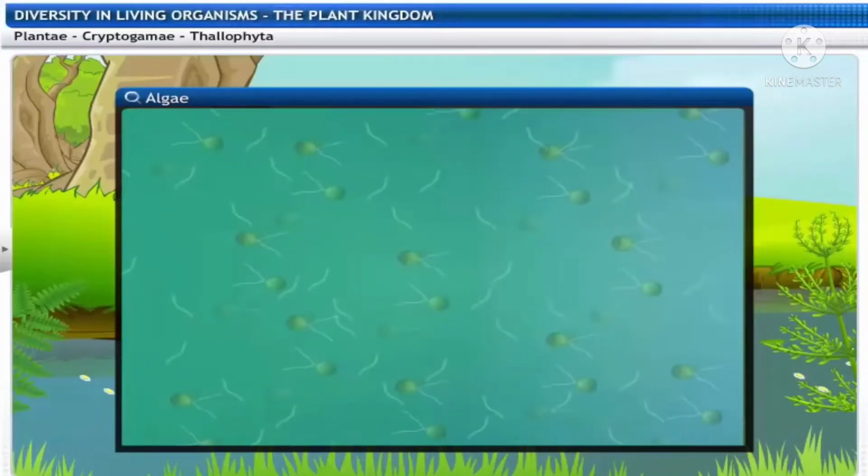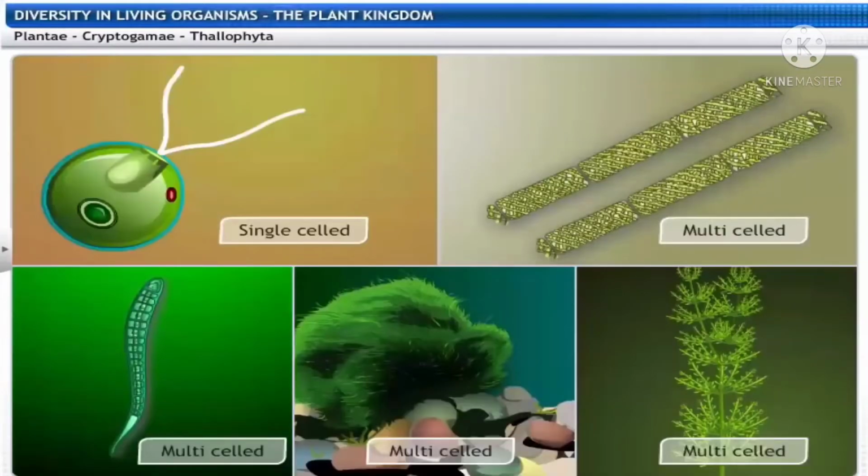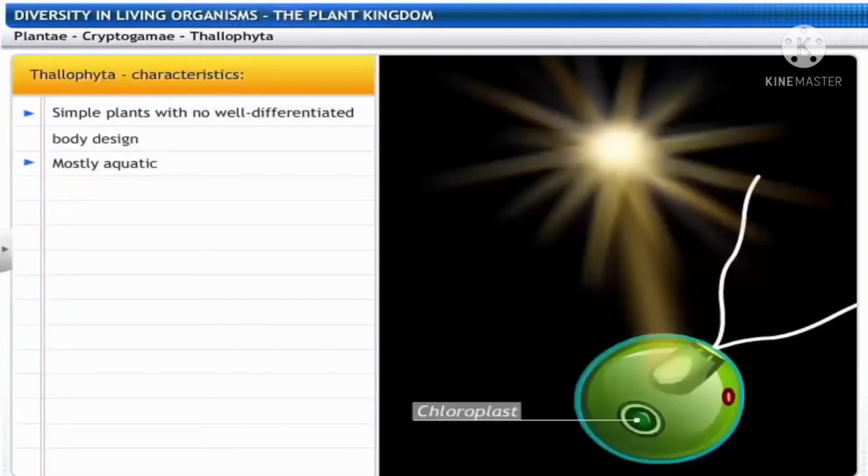As you can see, algae do not have leaves, stems, or roots. Algae can be single as well as multi-celled organisms. They are autotrophic in nutrition.